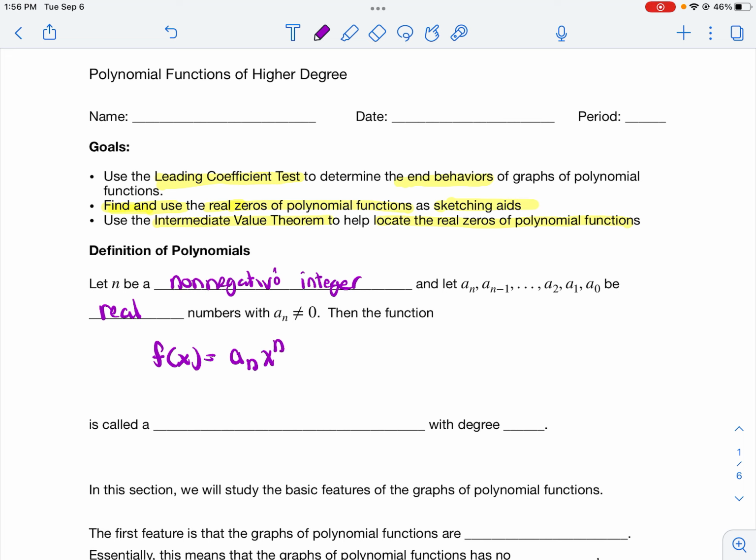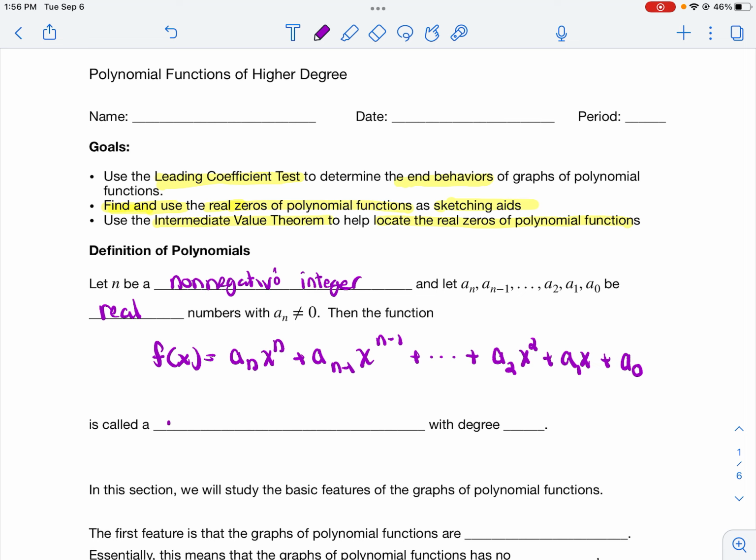That's what a sub n means. And then adding my next term, we'll call it a sub n minus 1, because that's going with the x raised to the n minus 1 power, all the way down, however many terms we need, until we get a sub 2 x squared plus a sub 1 x to the first, and then a sub 0. And x to the 0 is just 1, so we don't write it.